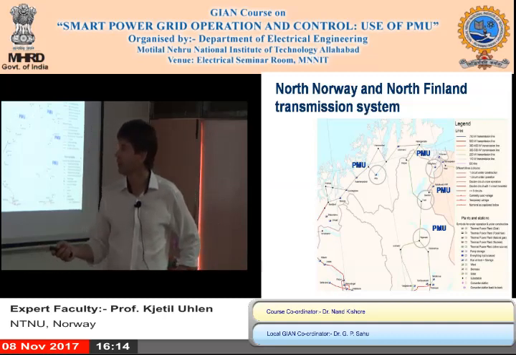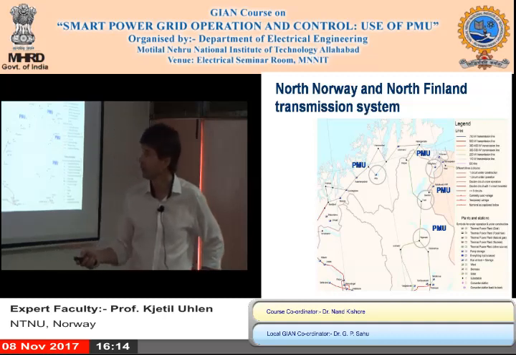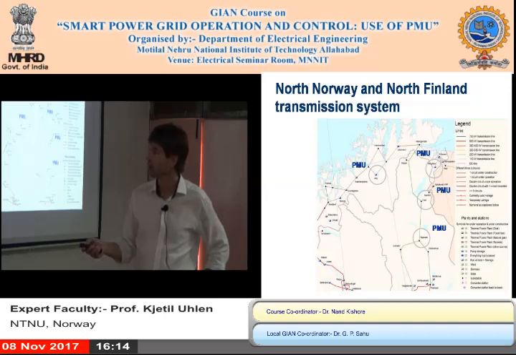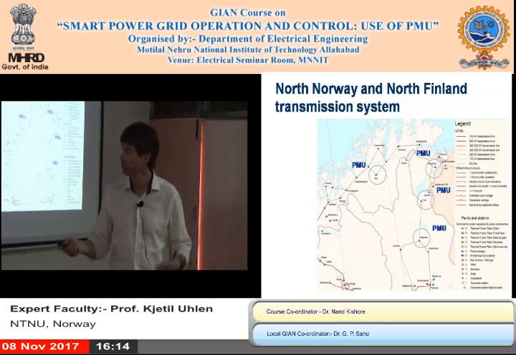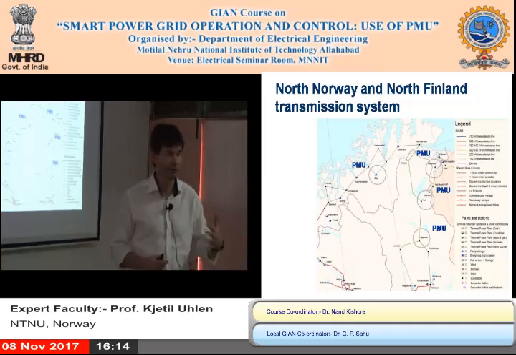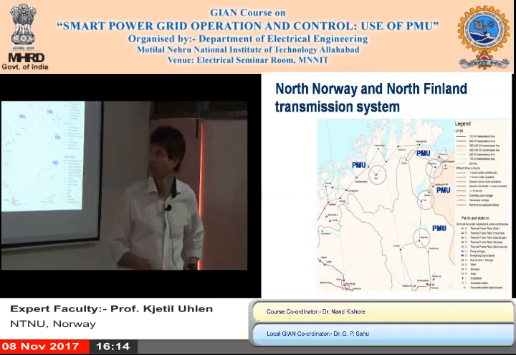we have a weak network. There is a weak link here through northern Norway down in Finland. And there are PMUs all the way around here. And the limit of export or import between Norway and Sweden in this area is limited purely by oscillatory stability, or angle stability, actually.